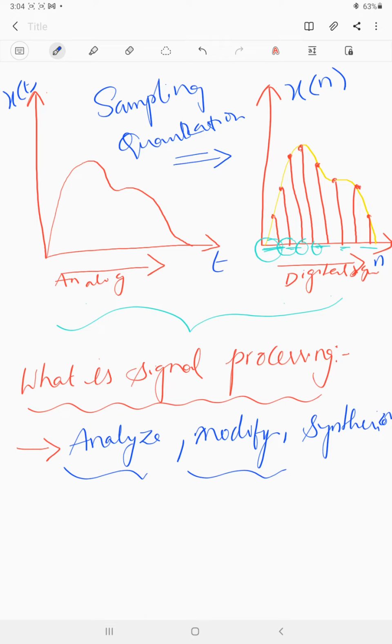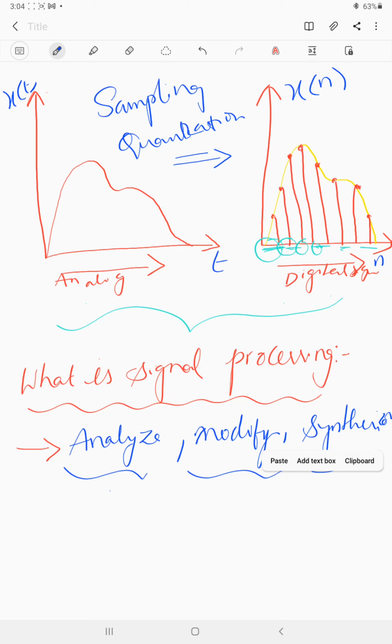So to analyze a signal, modify a signal and synthesize a signal, we go with signal processing.